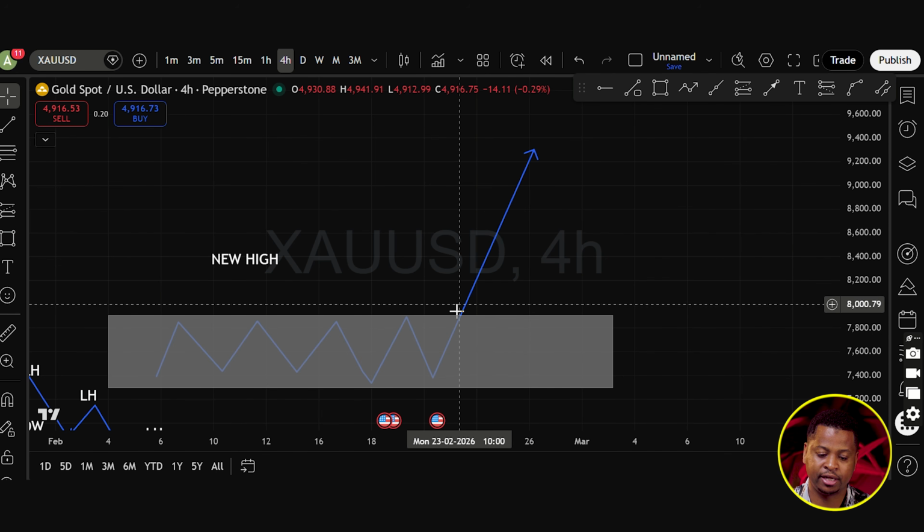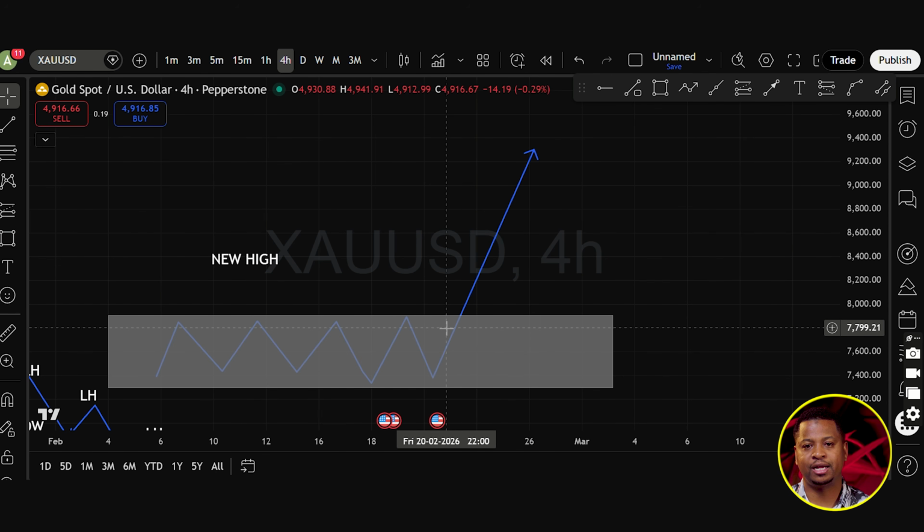So what is going to happen is, never be scared about the move that the market is making, because if you understand structure, you know that if the market is in an uptrend, it has to form higher highs and higher lows.